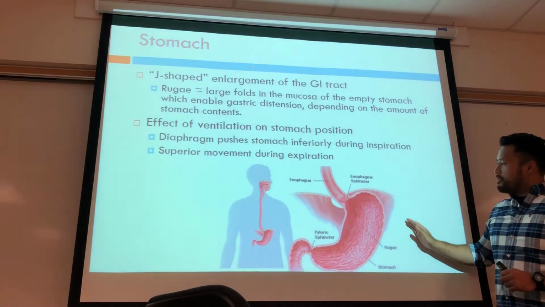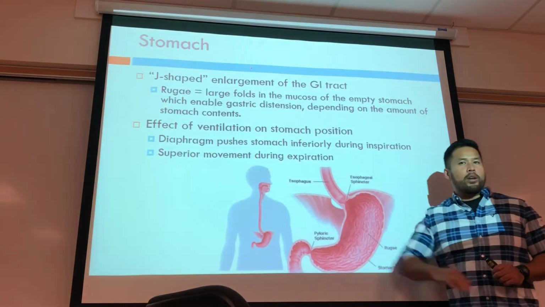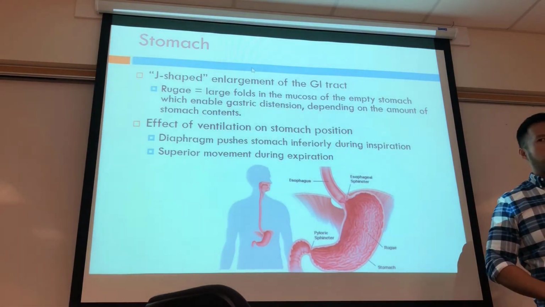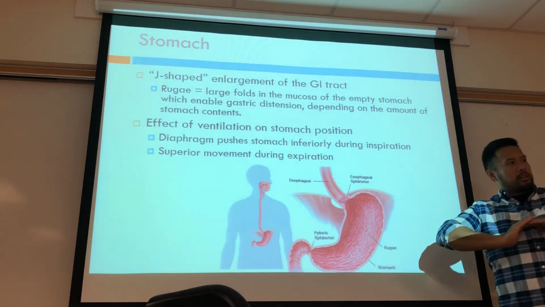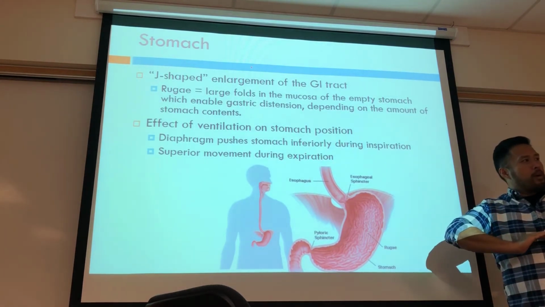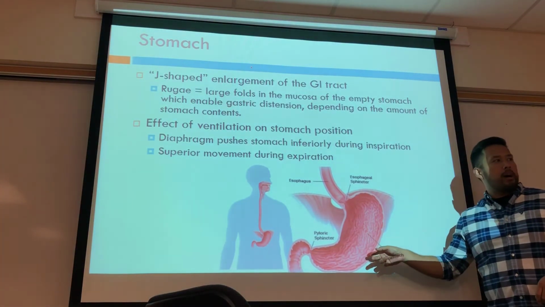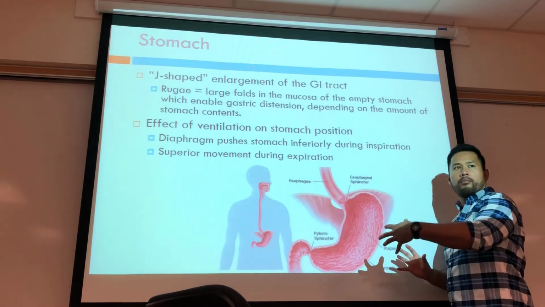Just superior to the stomach is the diaphragm. And what did we learn about inspiration? Inspiration involves the contraction of the diaphragm, so it moves inferiorly and pushes down on the stomach. When the stomach fills up, you increase the amount of abdominal pressure.